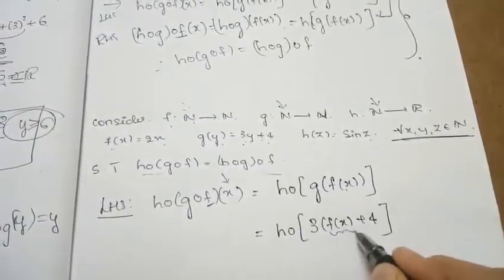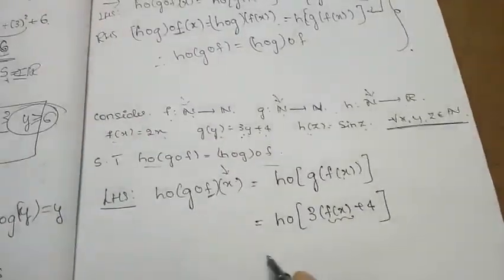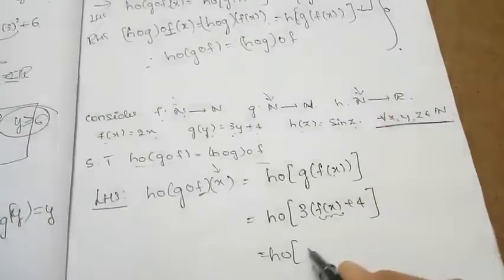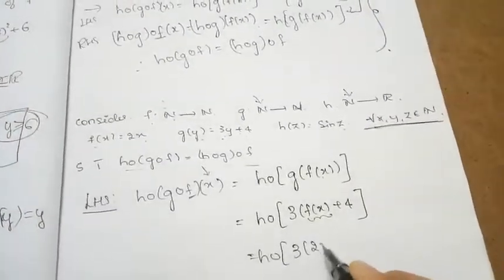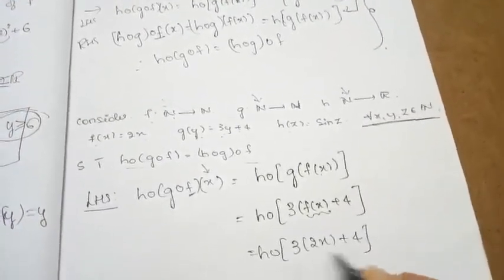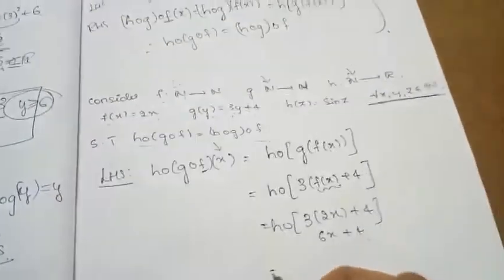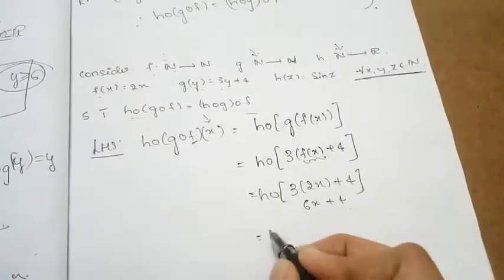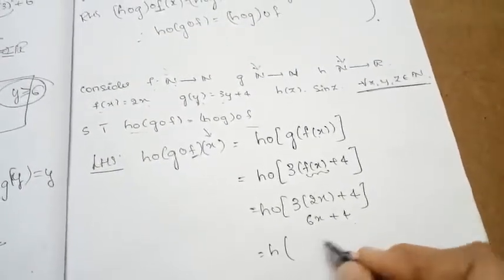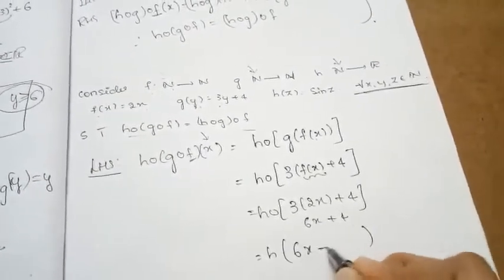Now what is f(x)? f(x) is nothing but 2x. So 3 into 2x plus 4, it is nothing but 6x plus 4.